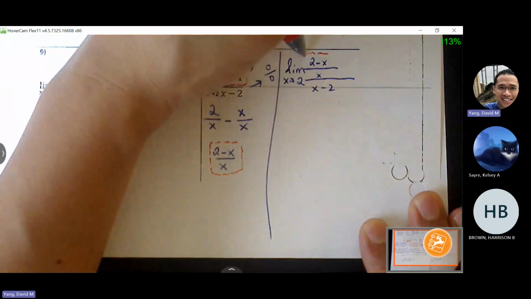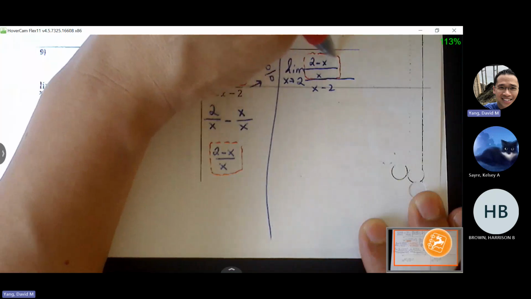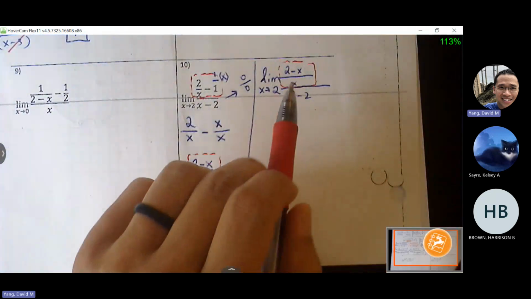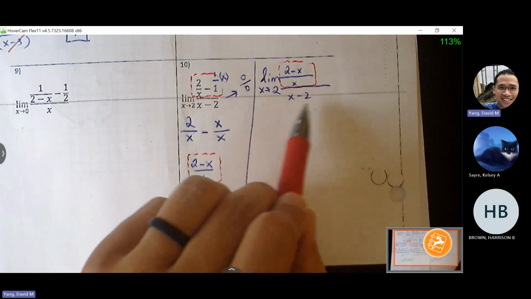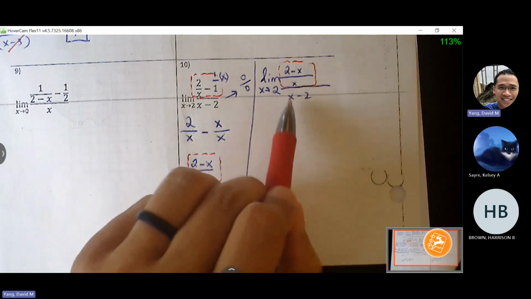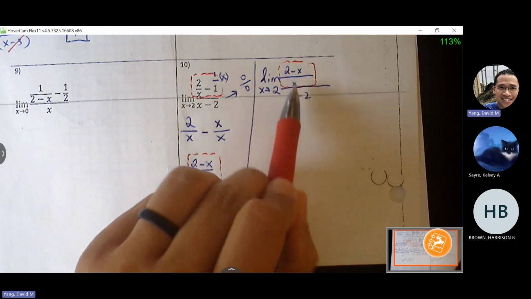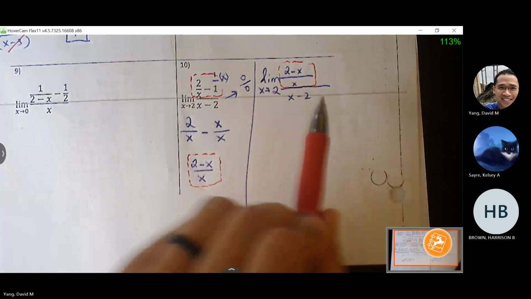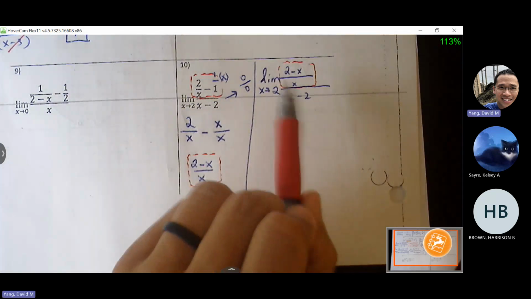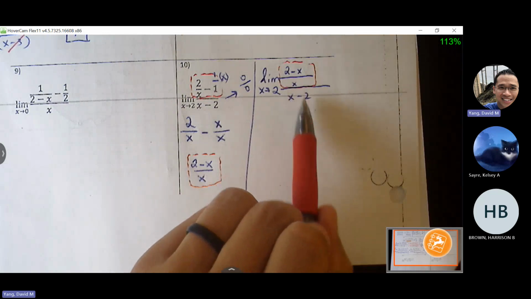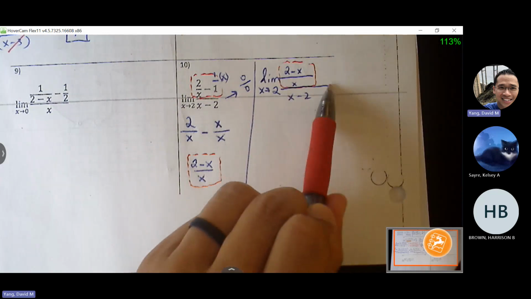So now that I have my updated top portion, I'm looking to see if that can pair up with the denominator in my original problem. And I'm beginning to see that there is a similarity there. But I'm going to try to get this out of a complex form here. I'm going to move that x minus 2 up as a reciprocal.